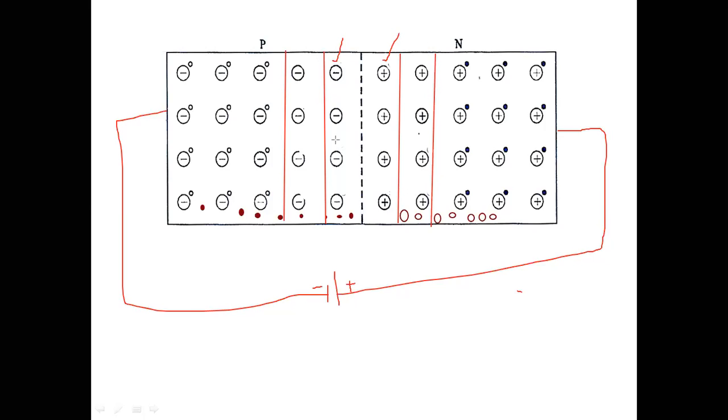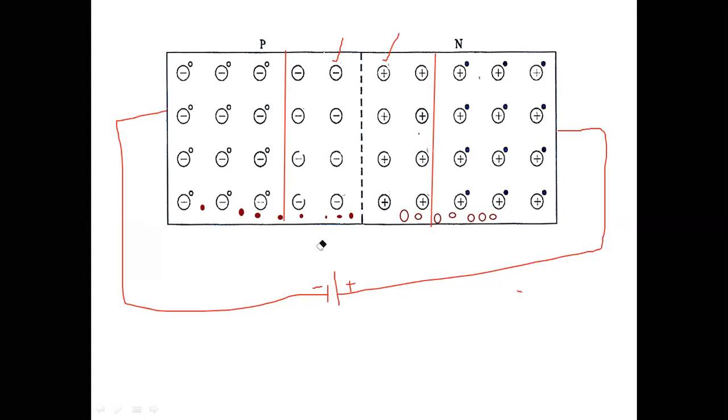Space charge capacitance. Here I can assume it as a parallel plate capacitor, one plate with positive charge and the second with negative charge, separated at the junction.